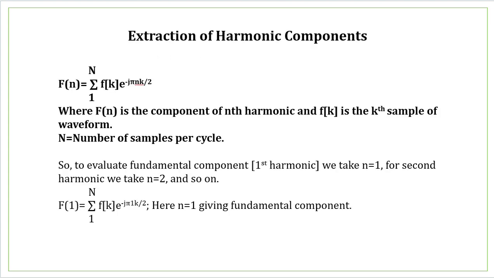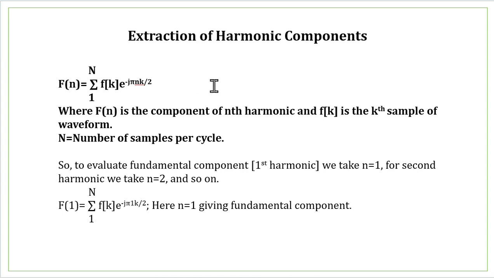To extract the nth harmonic, this is the equation we will use. Here Fn is the nth harmonic and it is made up of Fk into e to the power j pi nk by 2. This is the standard formula.